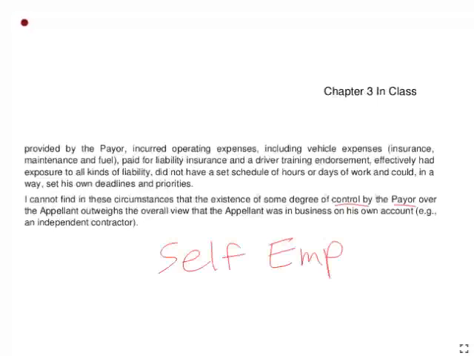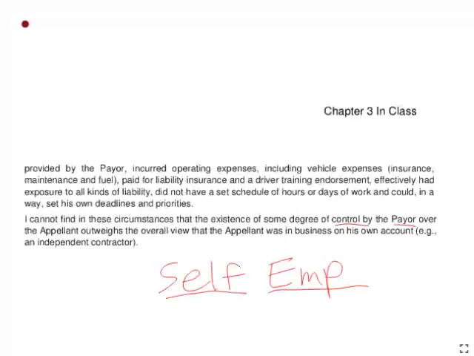The small bit of control that the payer had over the methodology, that little training book, and they provided a couple tools, that in and of itself was not enough. So this is pretty much a slam dunk. It could get more difficult, but this is pretty clear that this person was self-employed.